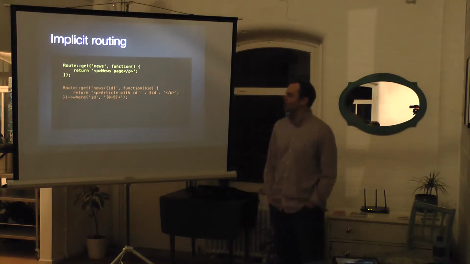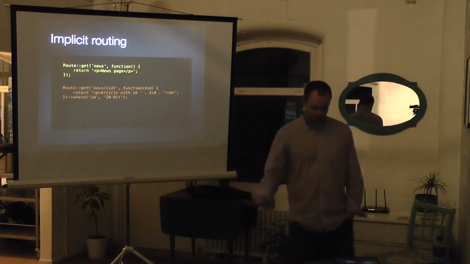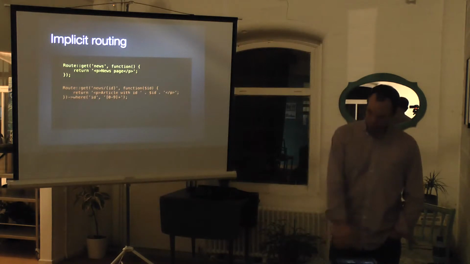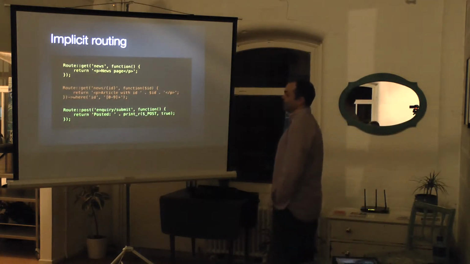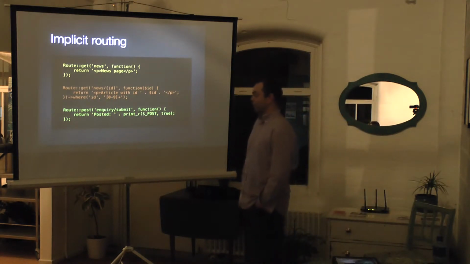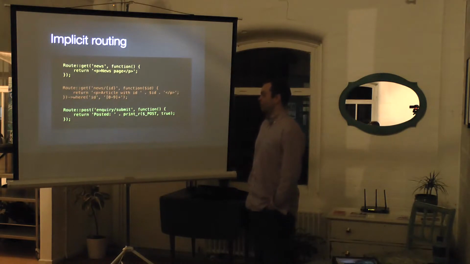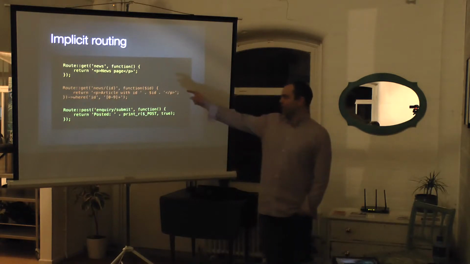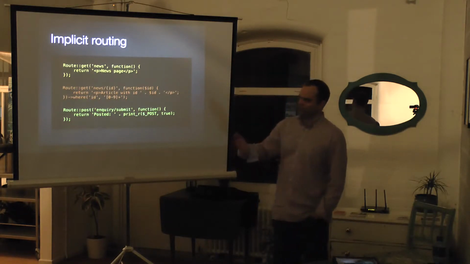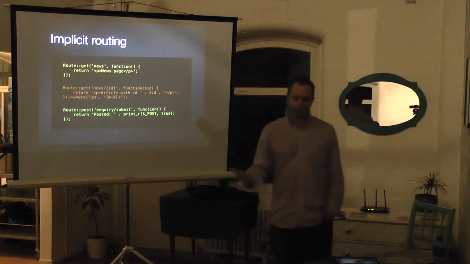It has to be a number, so it'll ignore anything else. This is all quite common stuff in any MVC framework. Route::post is the same idea as get, but it only matches against post requests. So in that case, we're going to /inquiry/submit, and so long as something is being posted to that, we just output it. When something gets returned by one of these functions, that is what gets rendered in the browser.